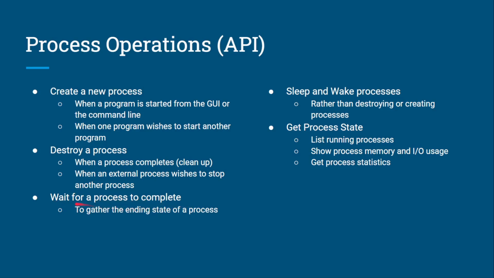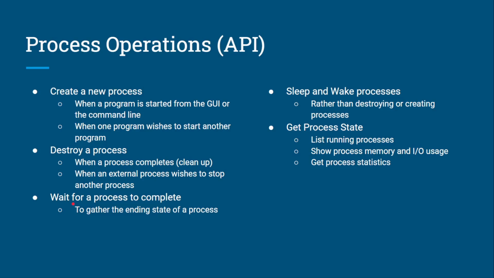The third API that we will discuss is waiting for a process to complete. Every process running in a system has a parent, except for one. In fact, that is process number one. All the processes in a system have to be cleaned up finally by another process. That's because every process, when it terminates, has some sort of status.